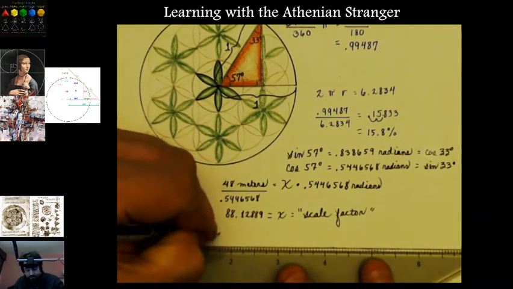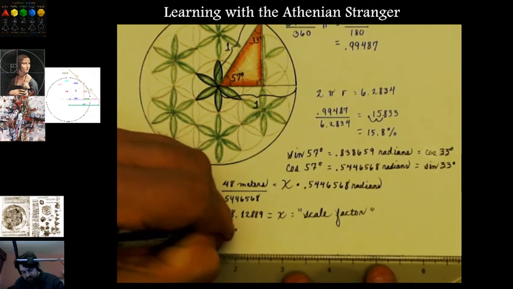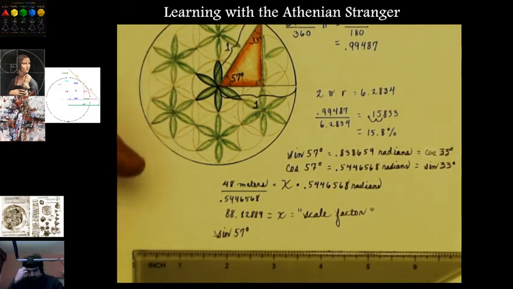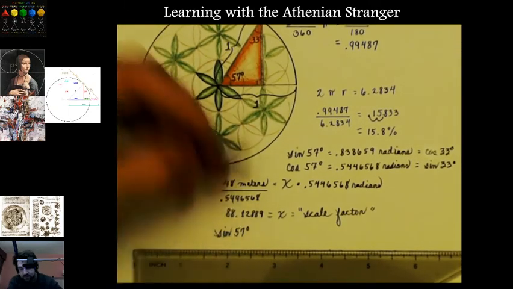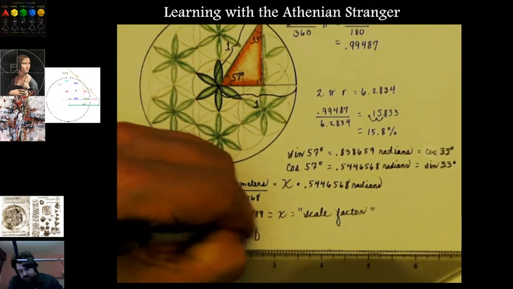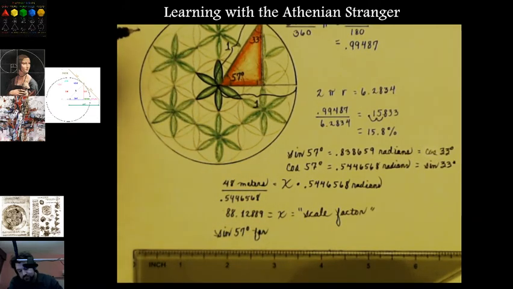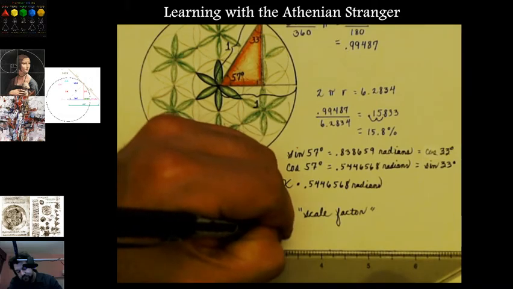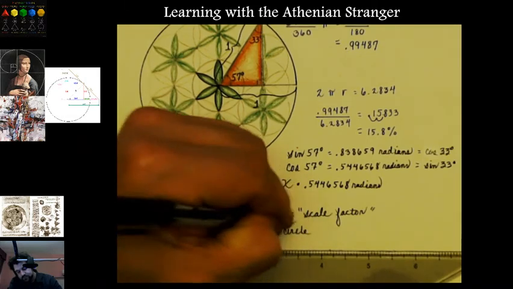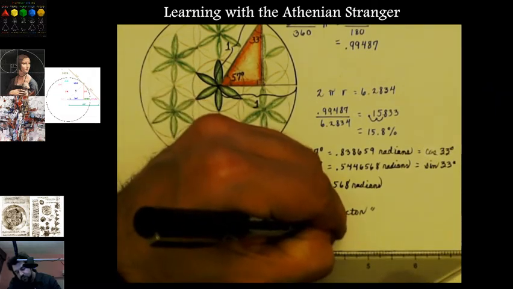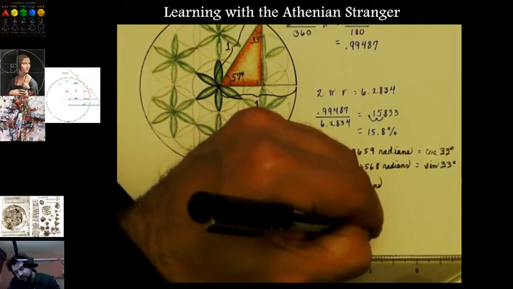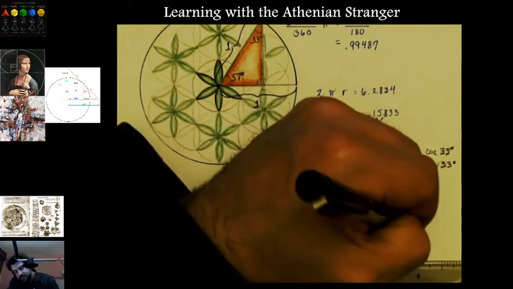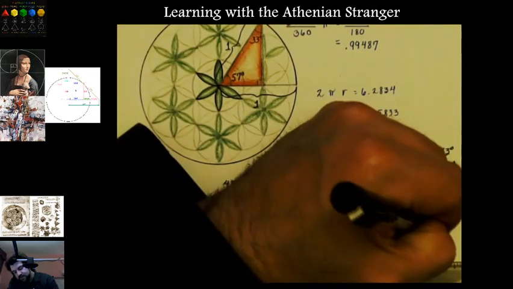So if I want to know the sine of 57 degrees for this circle, the sine of 57 degrees for a circle whose cosine of 57 degrees equals 48 meters.